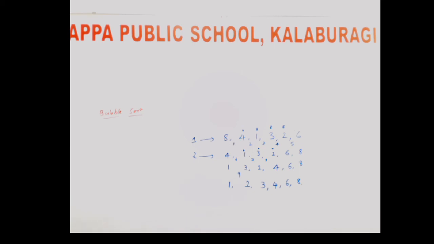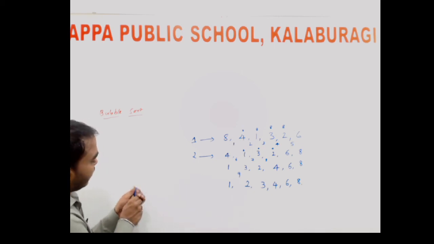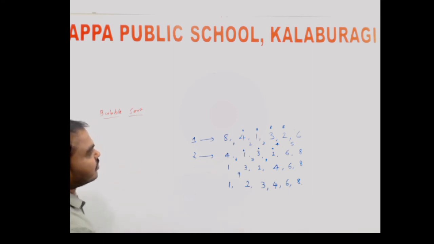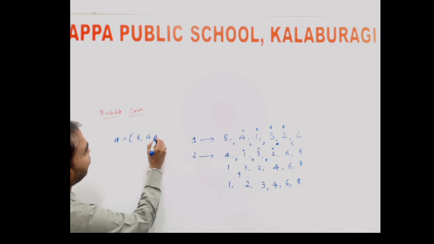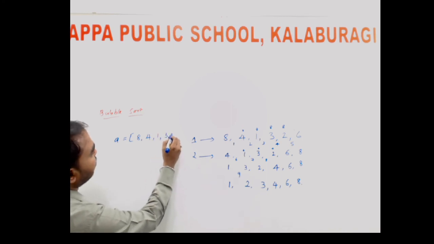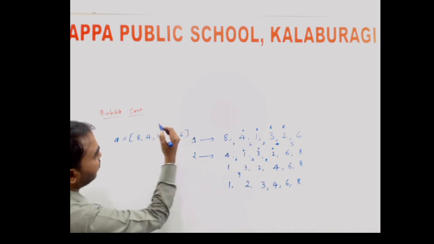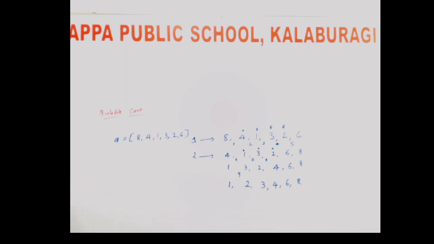So how it works practically, we'll see. I'll write here, we'll take one list. I'll take A is equal to 8, 4, 1, 3, 2 and 6, the same values. So how to use a for loop?